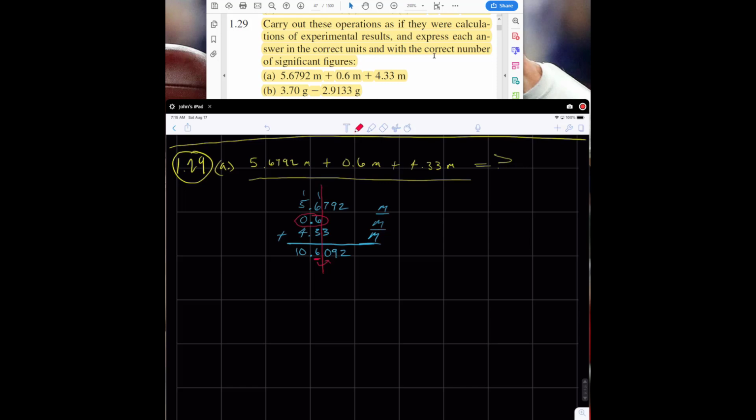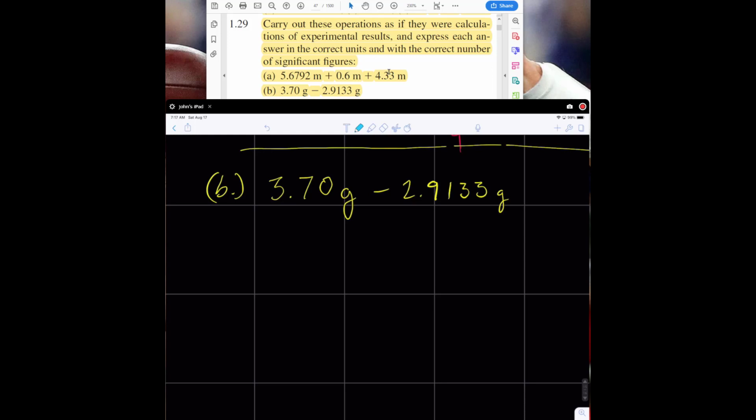That's going to lead us to keep this 6. So our final answer to this question is going to be 10.6 meters. And the book provides the correct solution as 10.6. So this is correct.